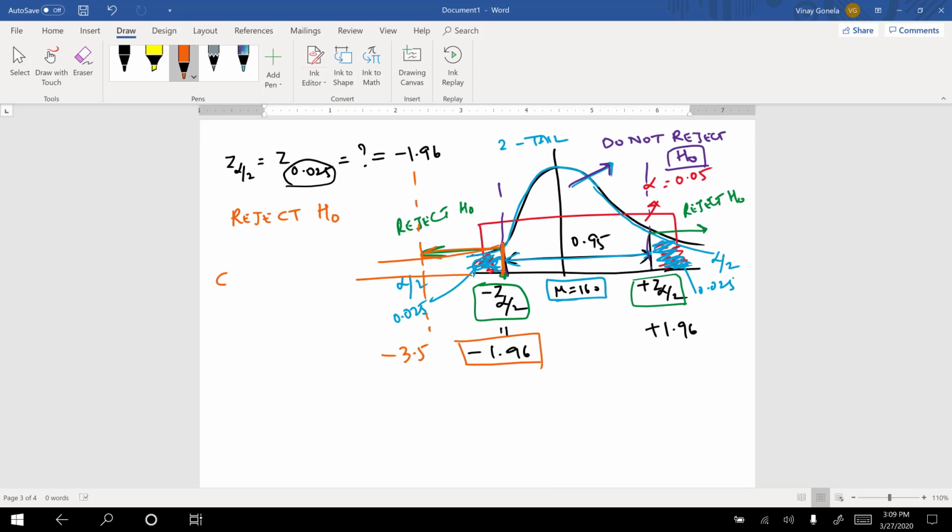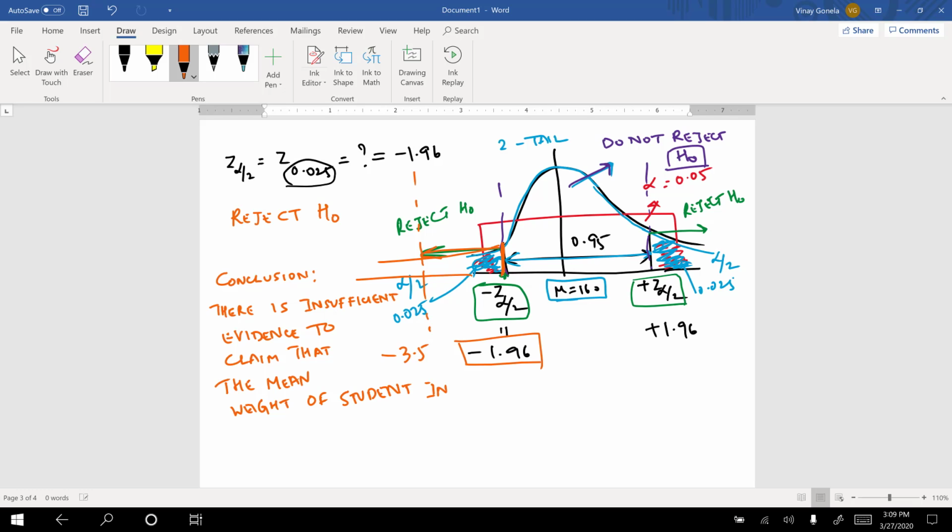So we can write our conclusion would be there is insufficient evidence to claim that the mean weight of students in the university is 160 pounds at 95% confidence interval or significance level of 0.05.